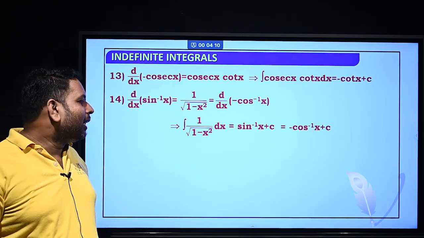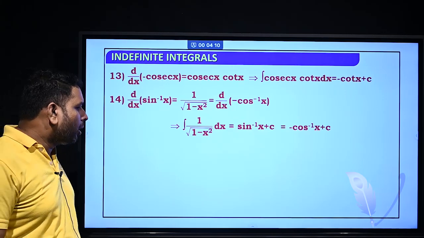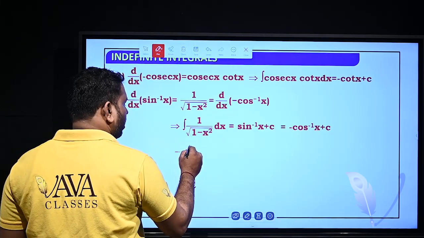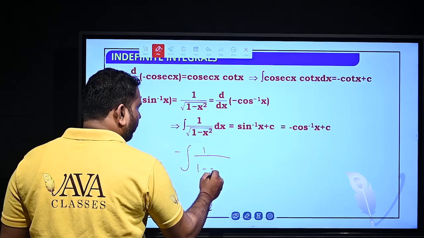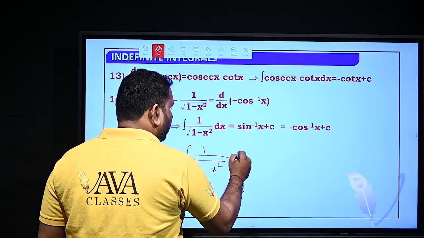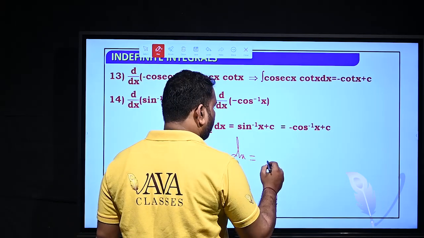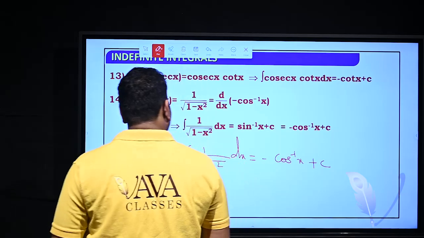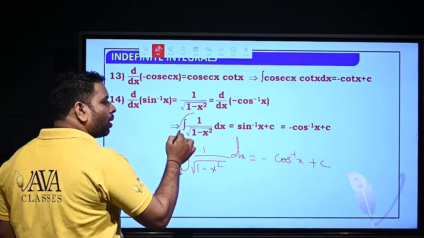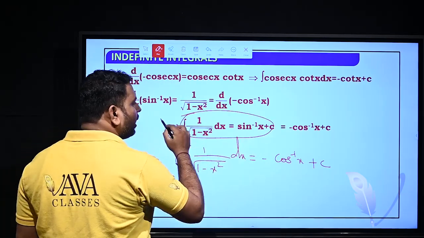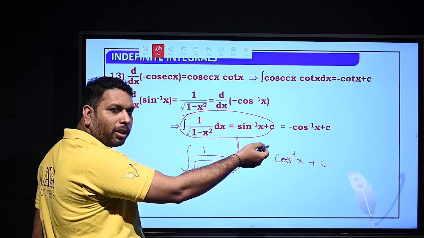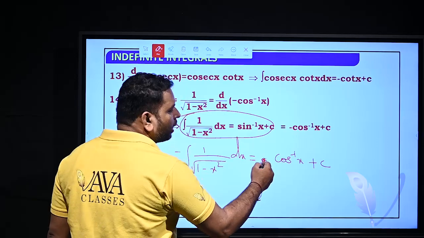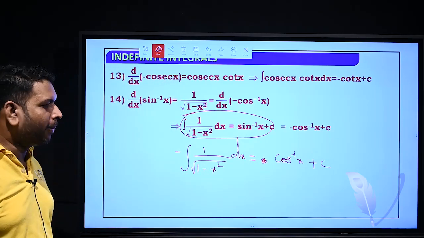Or you can write it as minus integration of 1 by root over 1 minus x square dx equals minus cos inverse x plus c. Or you can write minus 1 by root over 1 minus x square dx equals only cos inverse x plus c.